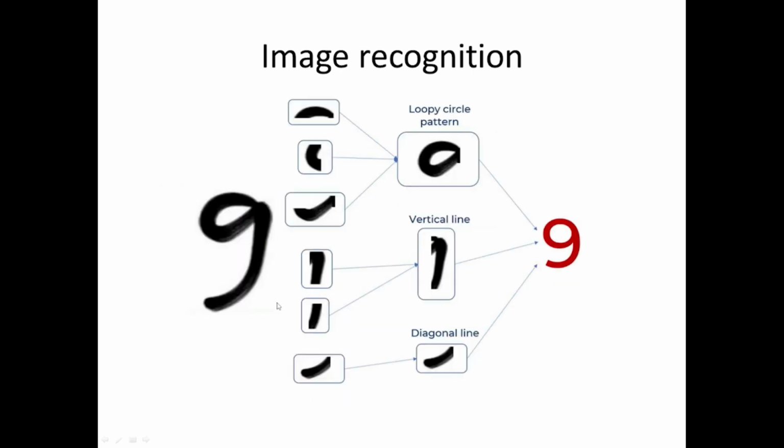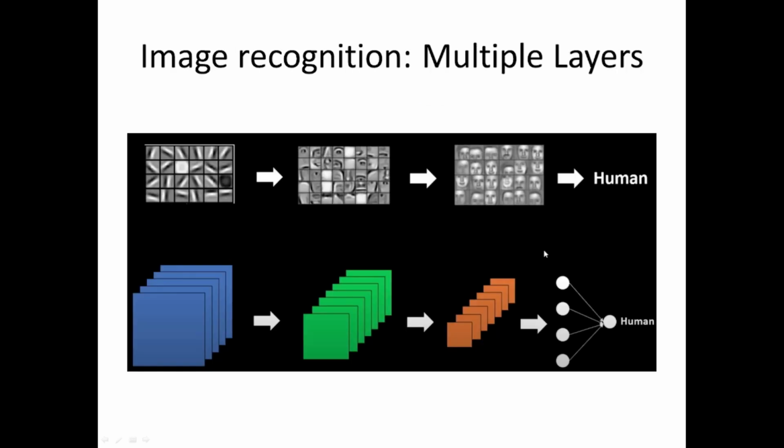And in a similar way we can do it with handwritten text also, like contour recognition, the various types of curves, and you can recognize where the head of the nine is, similarly the tail of the nine, and you can identify whether it is number nine or something else.